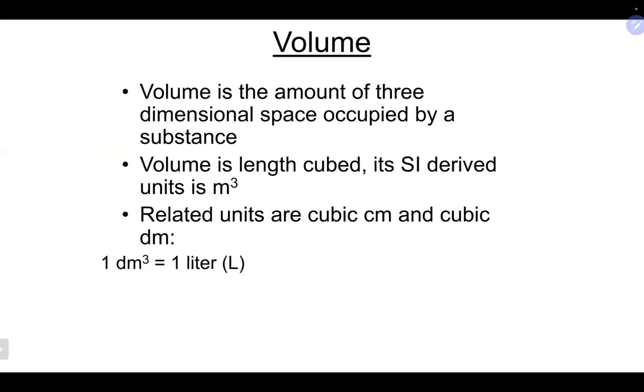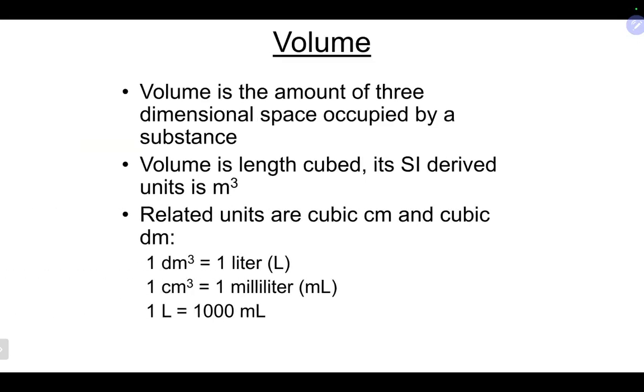Let's talk a little bit about volume. Volume is the amount of three-dimensional space that is occupied by a substance. The SI unit for volume is meters cubed. Nobody really uses that one, but there are a couple of conversions here that we use a lot, and it's these two right about there. 1 cubic centimeter is equal to 1 milliliter, and 1 liter is 1,000 milliliters.